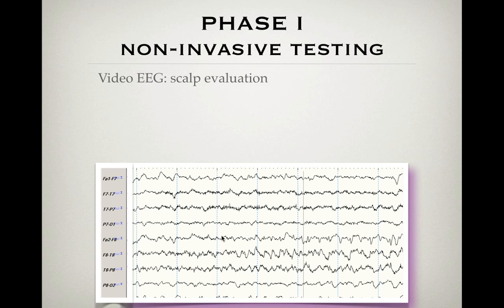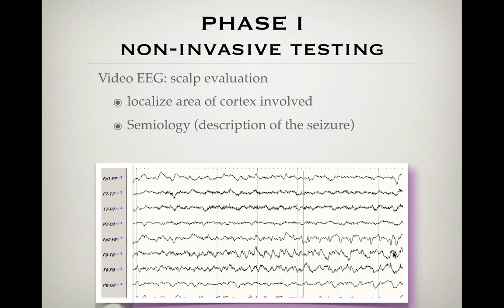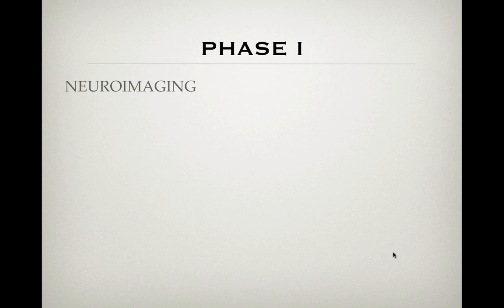And this is the right temporal lobe, and this is a lot sharper and more rhythmic-like activity. The EEG helps localize the general area. No real specific areas, but just in general where seizures may be coming from. And then we always need to look at what the patient is doing physically to make sure that makes sense. And we look for these spikes and sharp waves and also seizures.